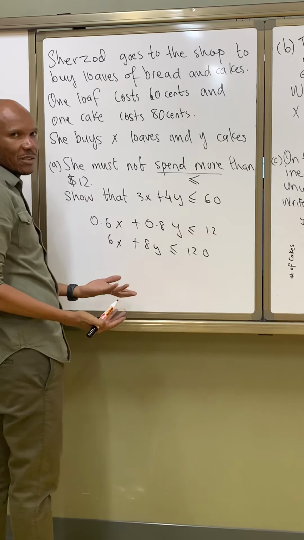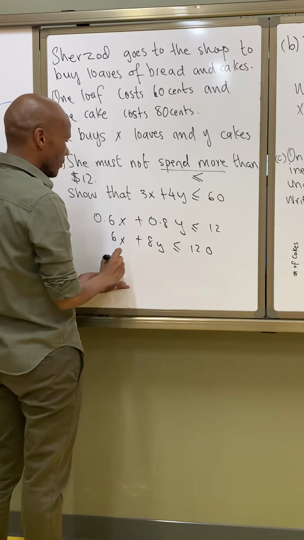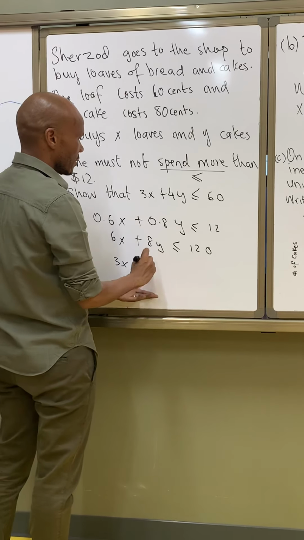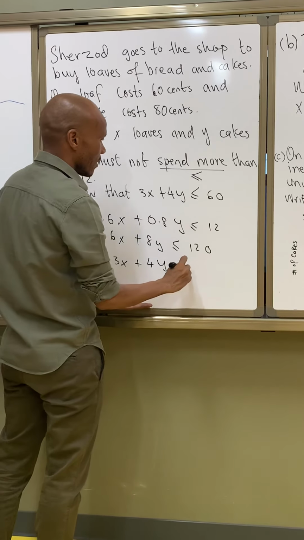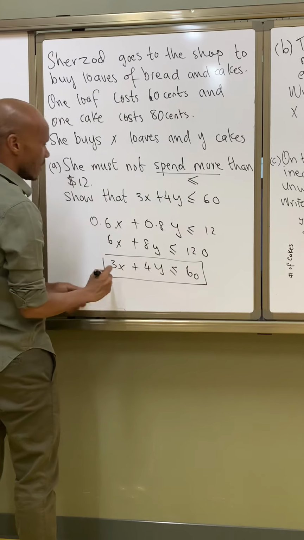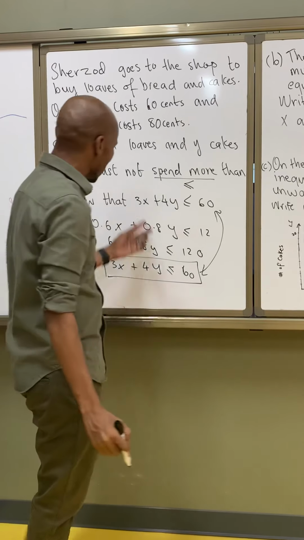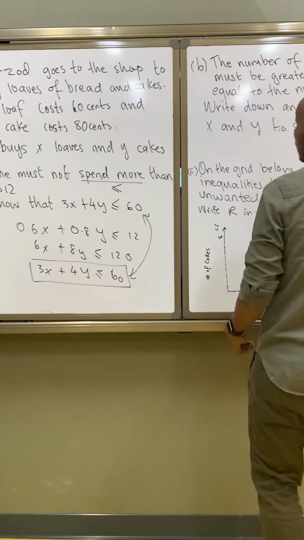Whether you started with dividing by 2, that would have been okay. So divide by 2, 3x plus 4y is less than or equal to 60. So you've actually shown that it simplifies to that.